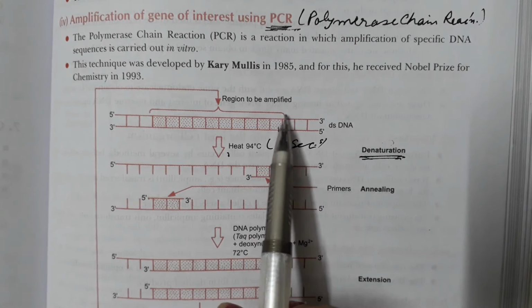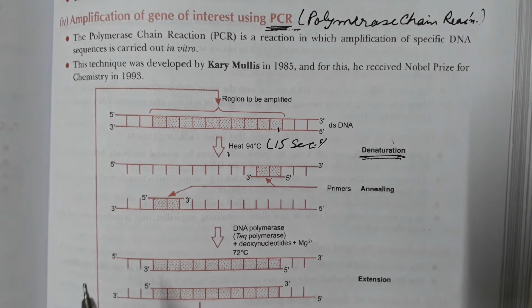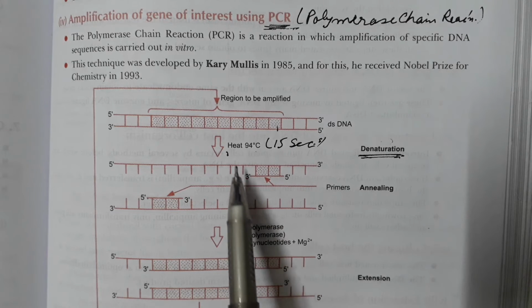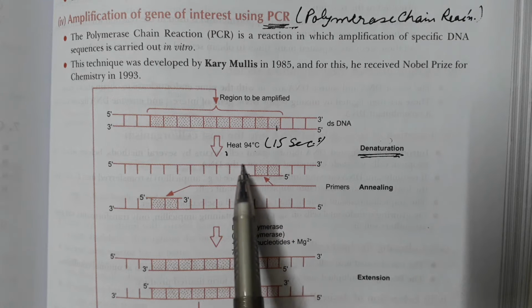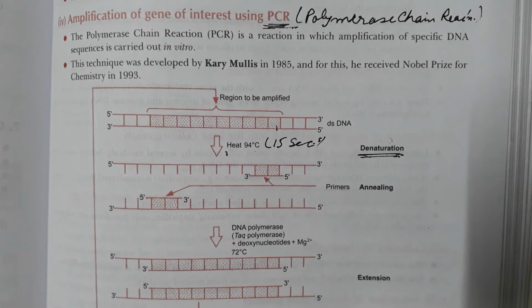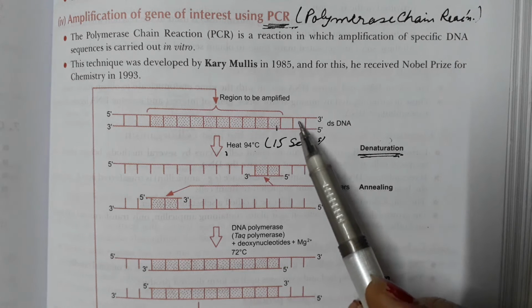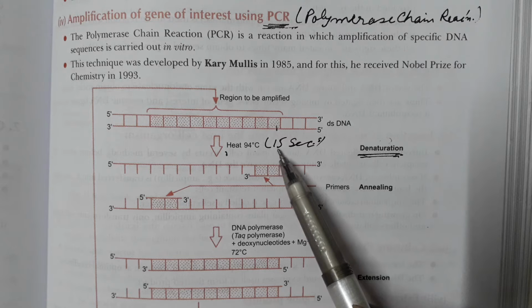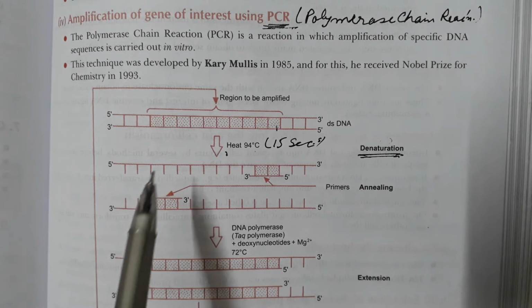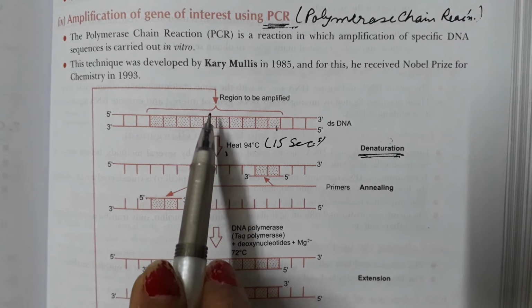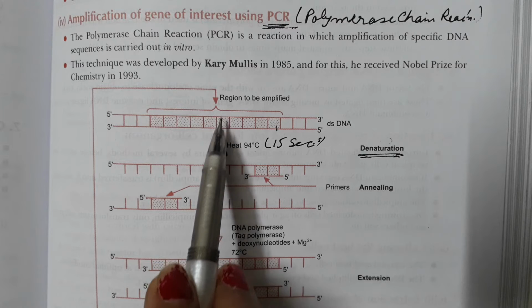By subjecting this double-stranded DNA to high temperature, both strands get separated. And in the next step, both these strands act as a template. We subject it to high temperature for a very short period because we only want to break the hydrogen bonds between complementary base pairs.